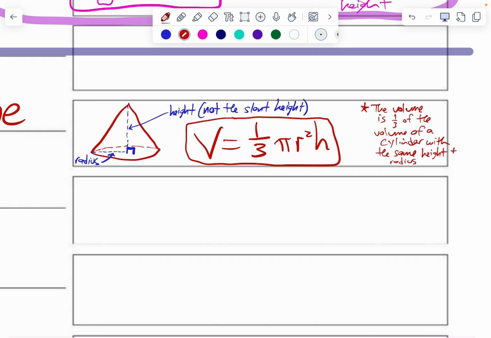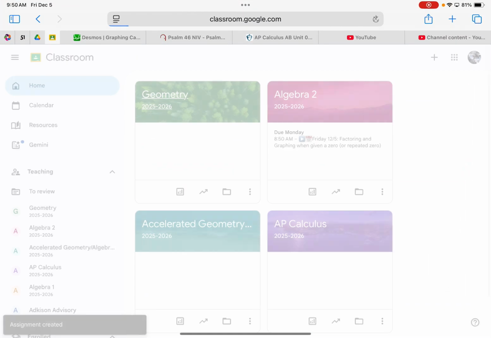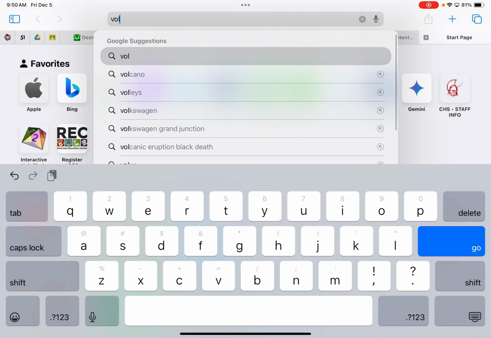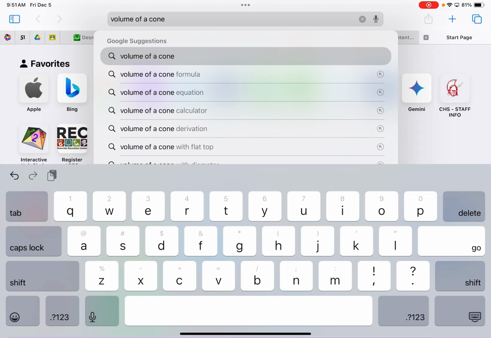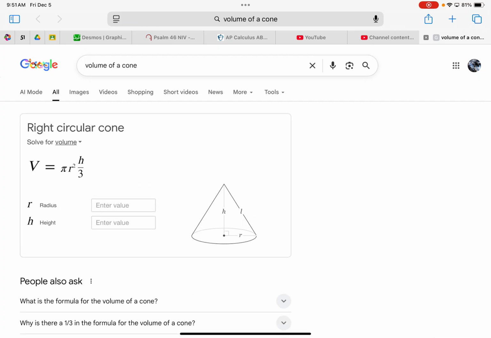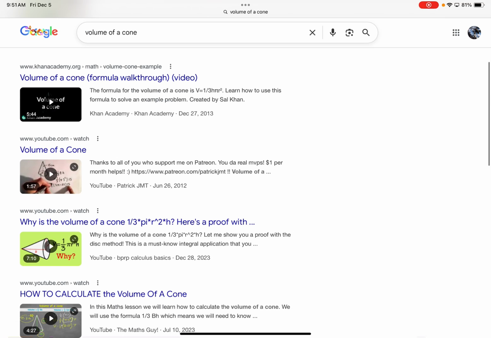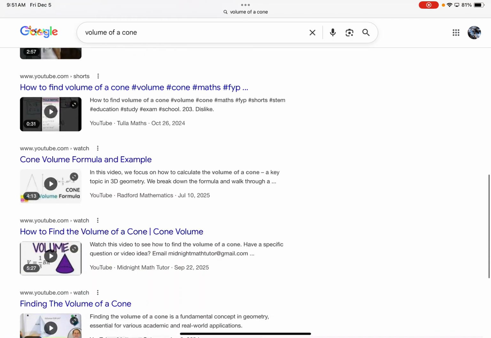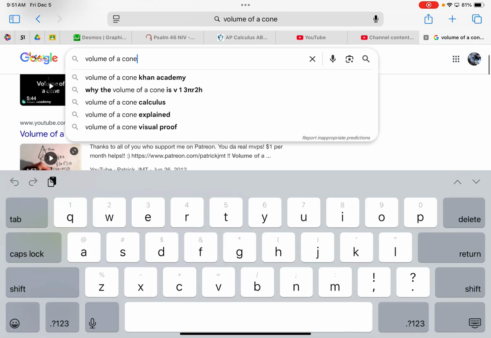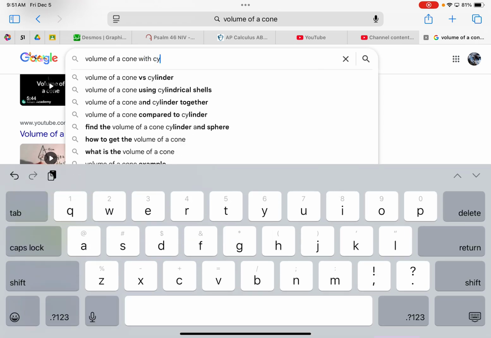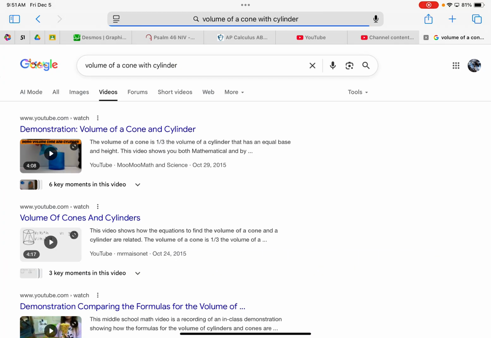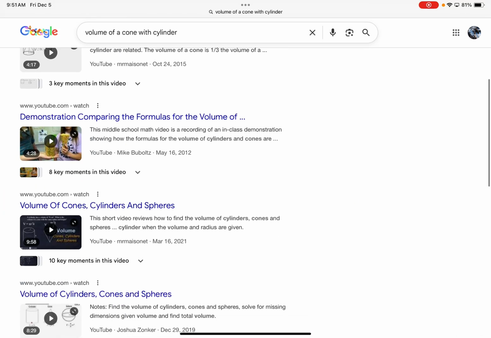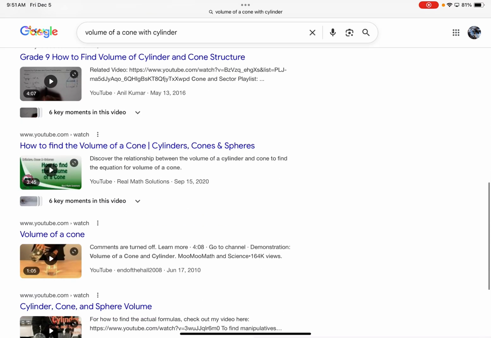In other words, it's not just any cylinder, it has to perfectly fit down in there. I should have done this before. I'm going to show you a video. I had one that was bookmarked. Okay, everybody got your formula?